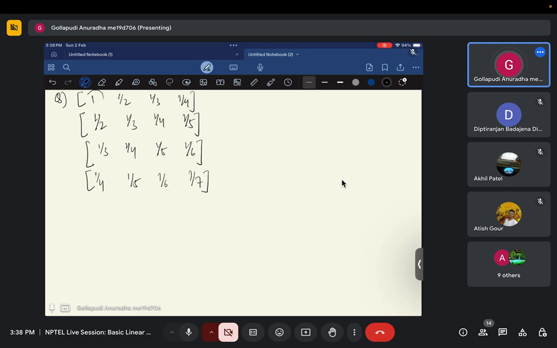For example, let's take this thing. Because I'm naming in this way, I'm just talking about these elements.